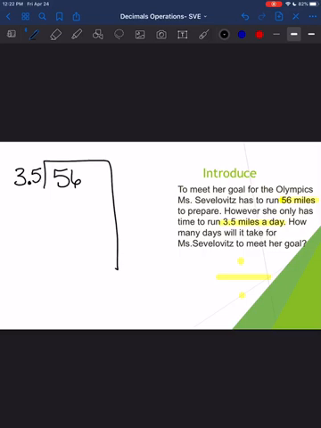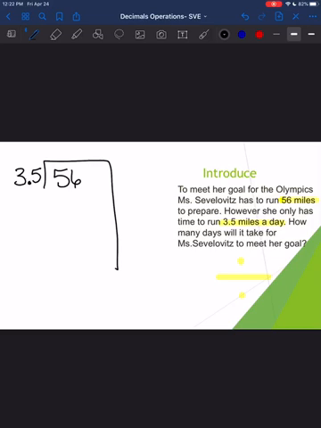This problem is a little different than our last problem, as the decimal is on the outside. We can still answer these problems, but it's a little different than when the decimal is in the dividend versus when the decimal is in the divisor. When the decimal is in the divisor, we still have to move it out of the way and make it bigger.